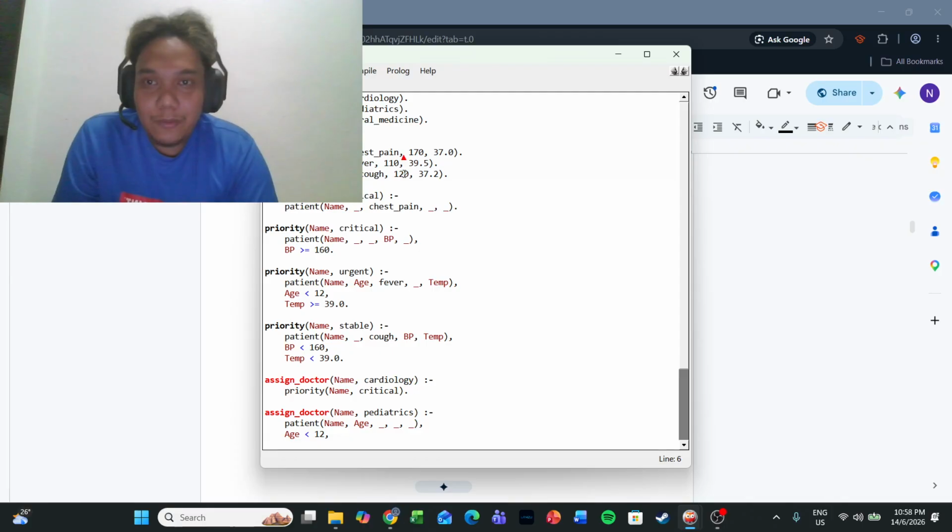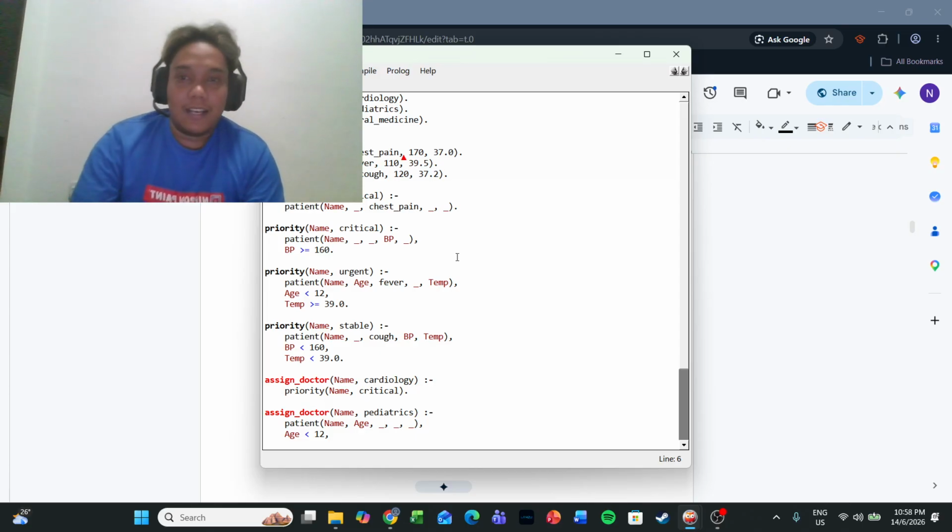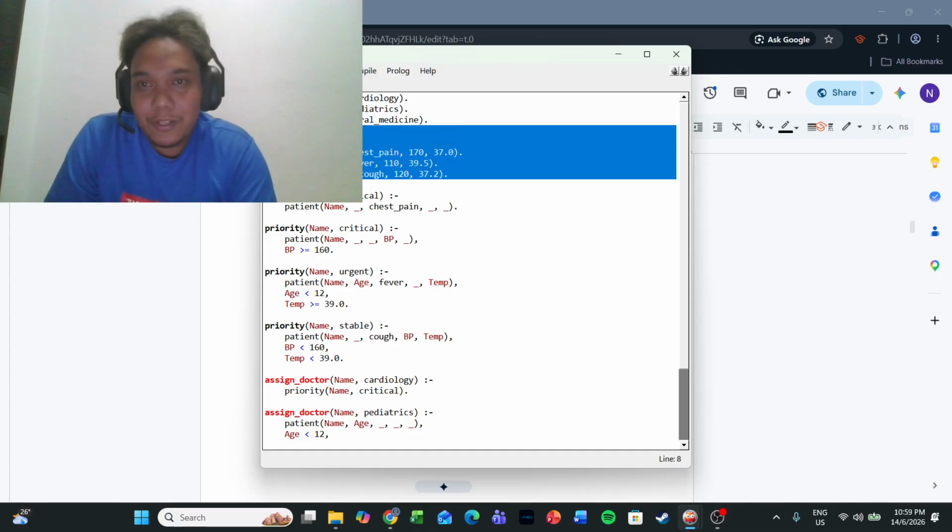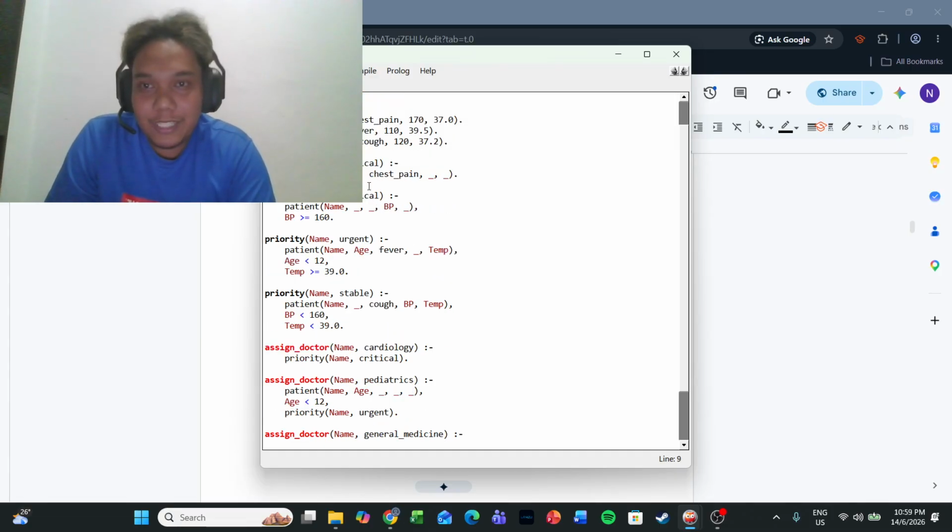So for the patients here, we have three patients, which is Ali, Siti, and Ahmad. So they have their age, their blood pressure, their temperature, and also their condition. So this is the facts, and now we continue with the rules.